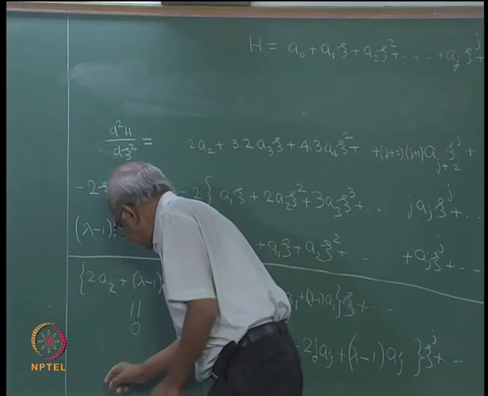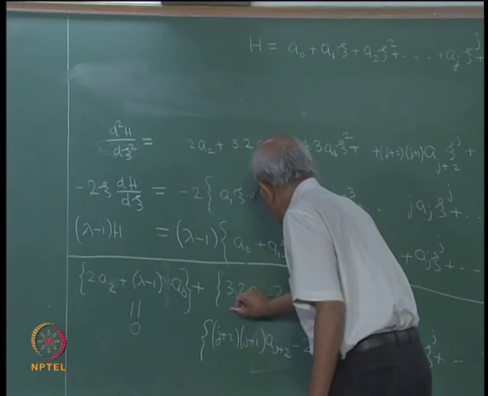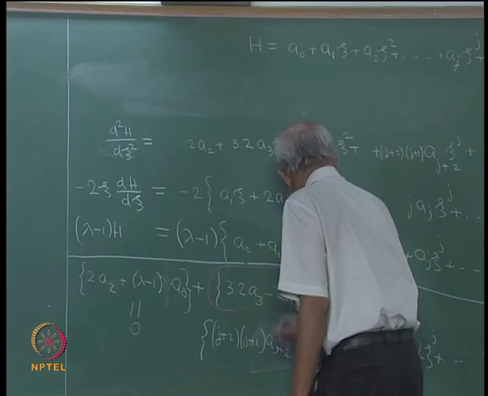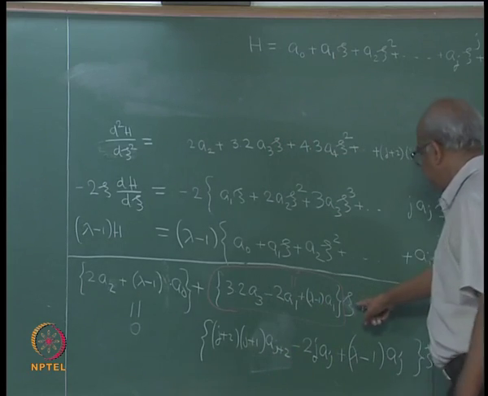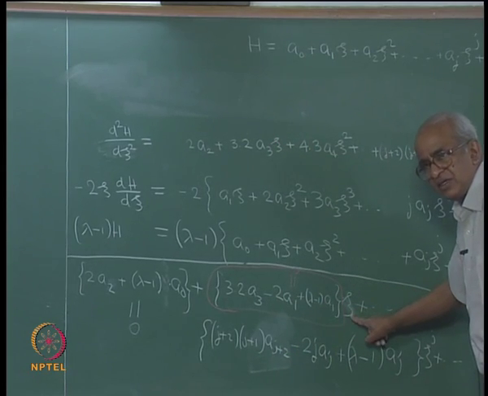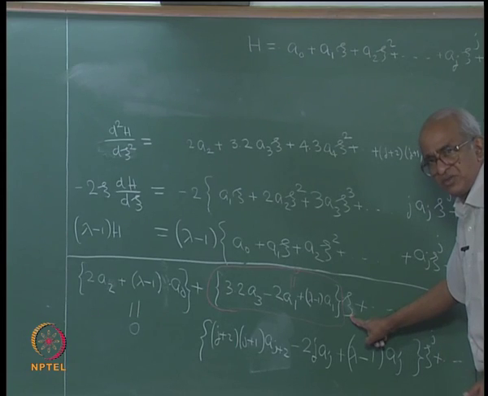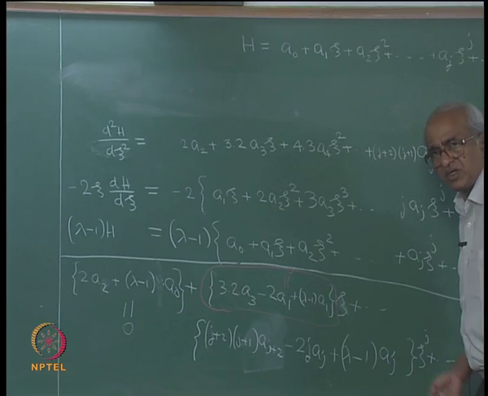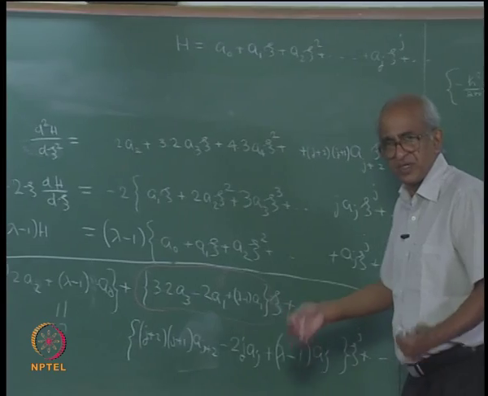Not only that, this also has to be equal to 0. For each power of c, the coefficient has to be equal to 0. So, how many equations do you get? You get an infinite number of equations, which you need because you have an infinite number of unknowns.